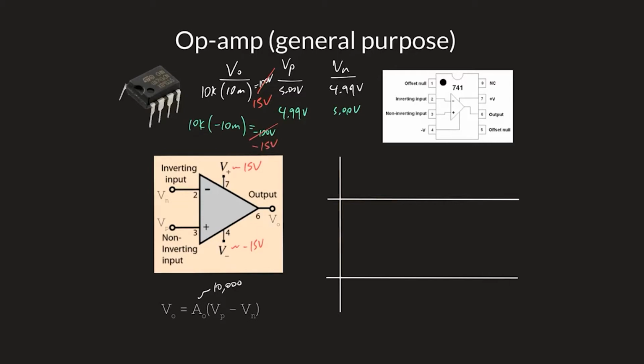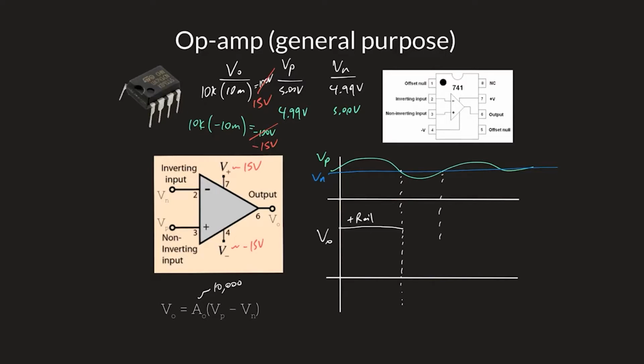So if I just say here we have VP and here we have VN, then my output Vout, everywhere VP is bigger than VN, is going to rail out to the positive rail, in this case 15 volts.